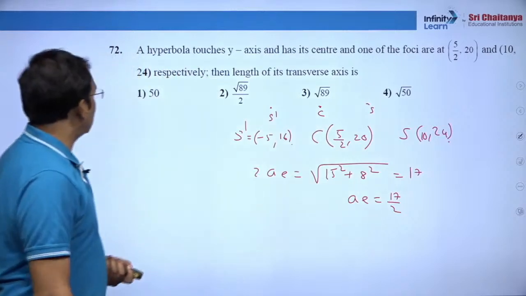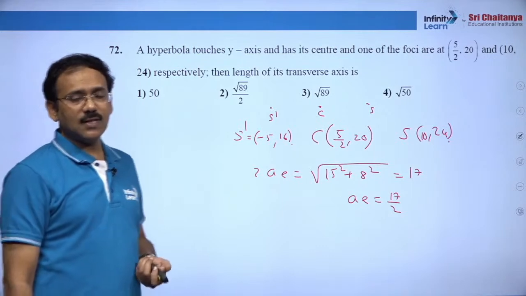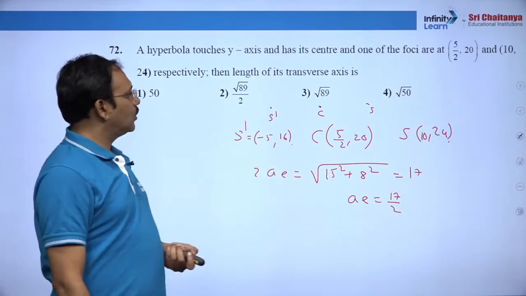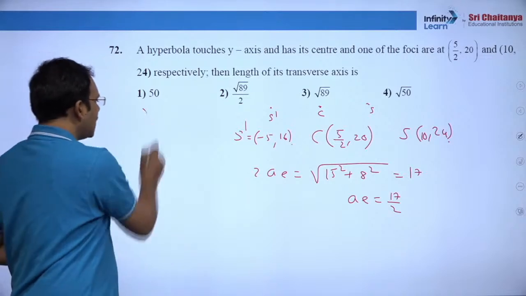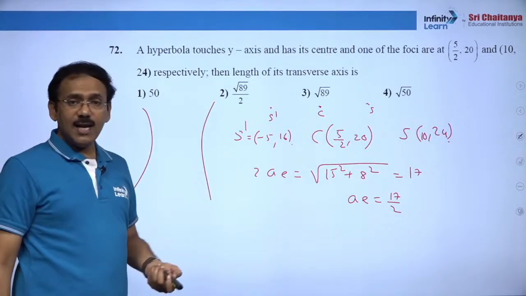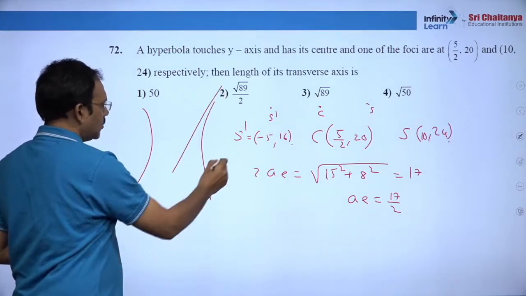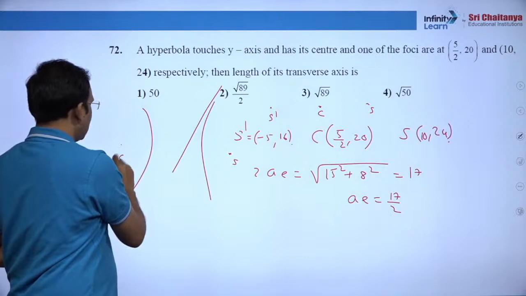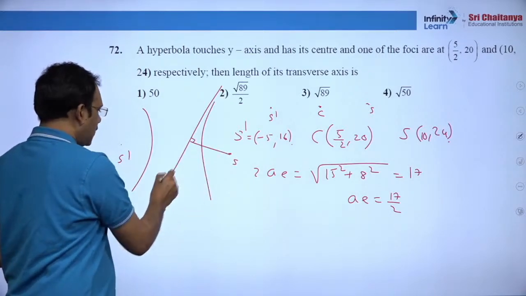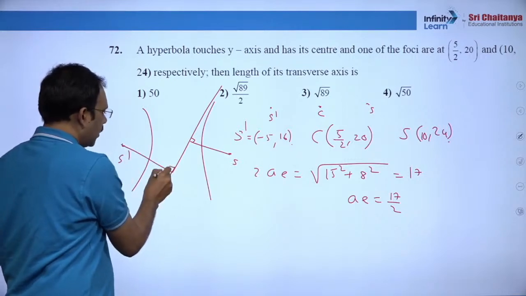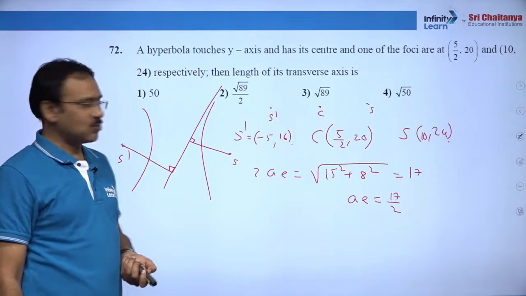But what I want is the length of its transverse axis. Transverse axis is nothing but 2A. So, what extra data is given? It is said the y axis is the tangent. There is a result, my dear friends. It may be an ellipse or hyperbola. You see, suppose you are given any tangent, and S and S dash are the two foci, the product of perpendicular distances drawn from the two foci onto it is going to be b square, that is the semi conjugate axis square.